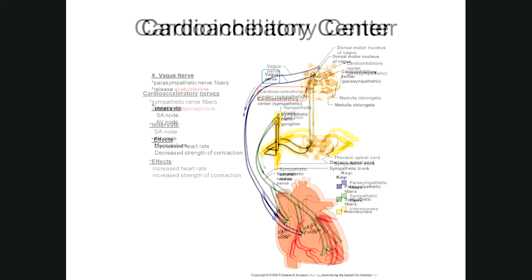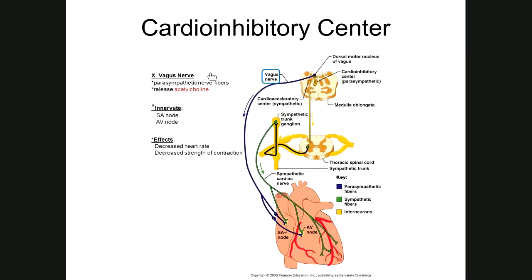Now, there is also a Cardioinhibitory Center that involves the vagus nerve, number 10. So that goes in your blank there. Vagus, number 10, nerves consist of parasympathetic nerve fibers, there it is, which extend from the medulla. These fibers innervate the SA node and the AV node, and they release acetylcholine. So we're going to follow the vagus nerve out from the cardioinhibitory center.